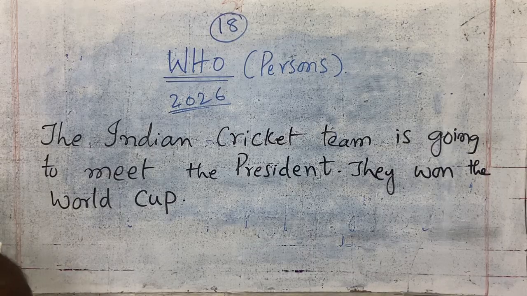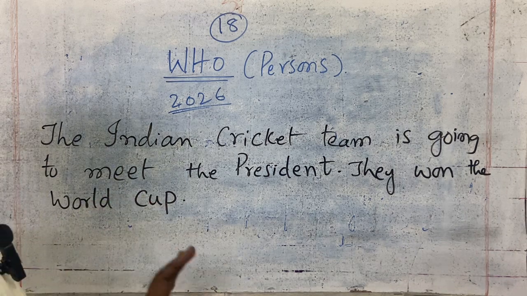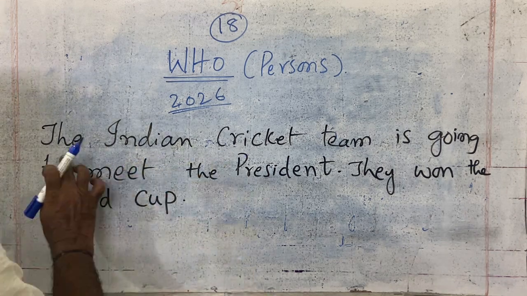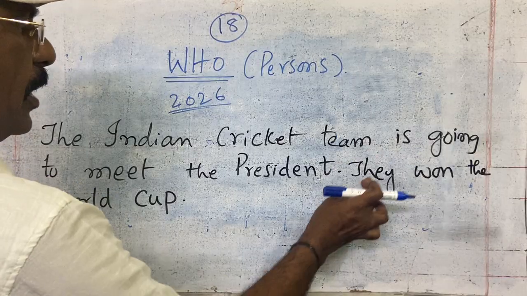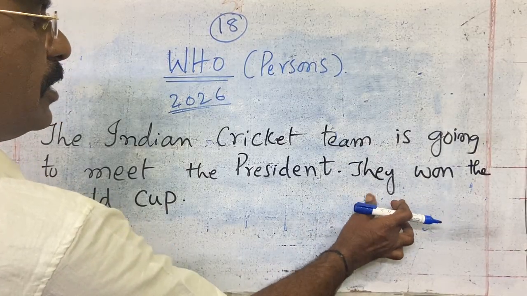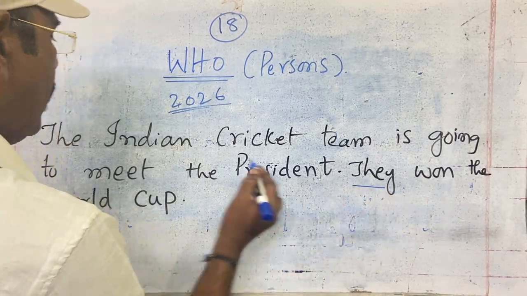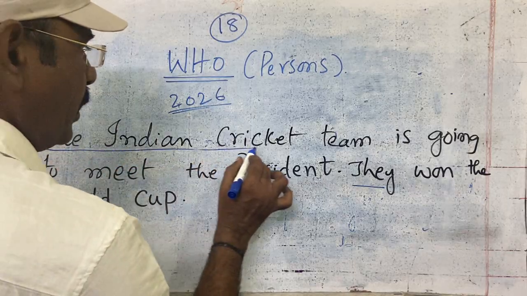So when you are finding this kind of sentences, first you have to see what the subject is in the two sentences. Here it is the Indian cricket team. Here it is they. Both are the same, right? They, who are they? The Indian cricket team.